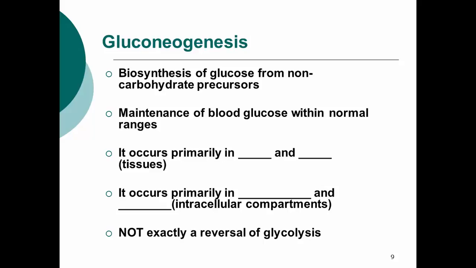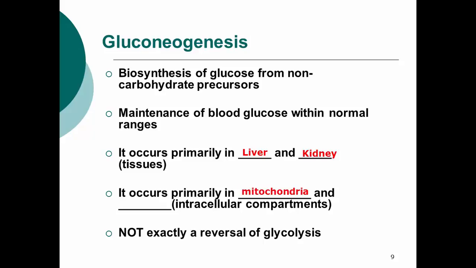During fasting, right? Under fasting conditions, gluconeogenesis is very active, and the main purpose of gluconeogenesis is to produce glucose and to maintain or raise the blood glucose level. It occurs primarily in the liver and kidney. Liver and kidney are the main tissues that do gluconeogenesis, right?